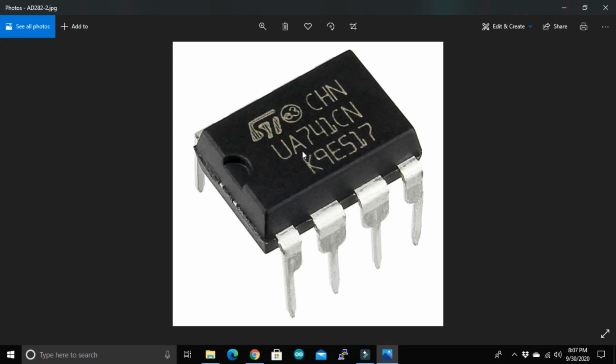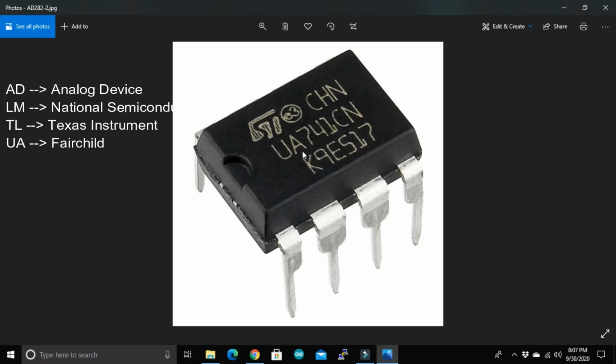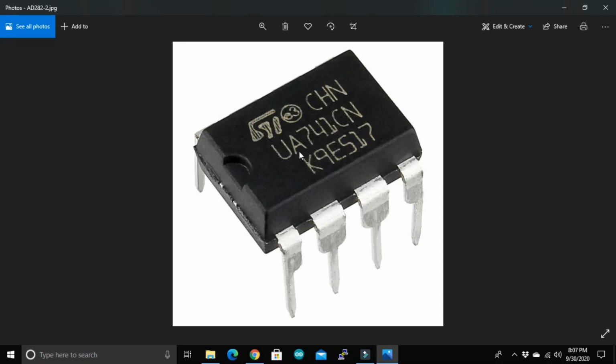Like AD means Analog Devices, LM means National Semiconductor Corporation, TL means Texas Instruments, and mu A means Fairchild. So the prefix letters give you information about the manufacturer.